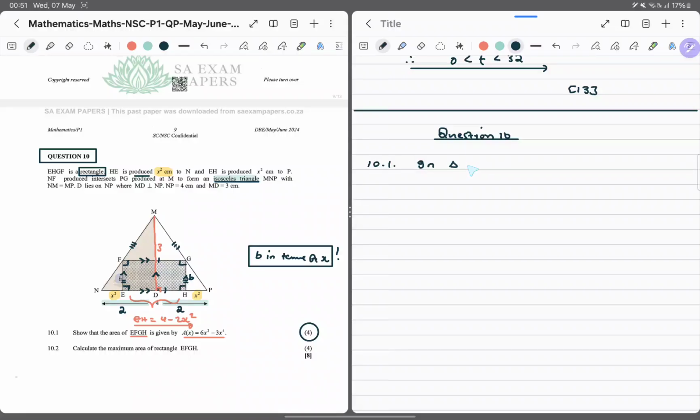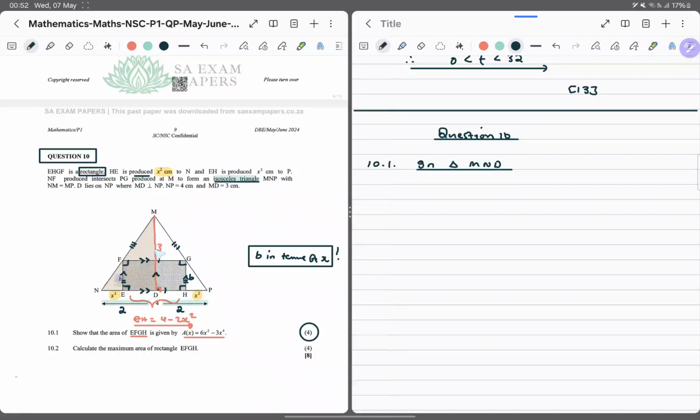Okay, but now what I want to say, guys, is to say in triangle MND or DNM or DMN, whatever we want to say. Now what we're going to say here is that, first of all, in this particular triangle, we understand that we want to use the proportionality theorem, but we are going to be very strategic on how we're going to do these things.